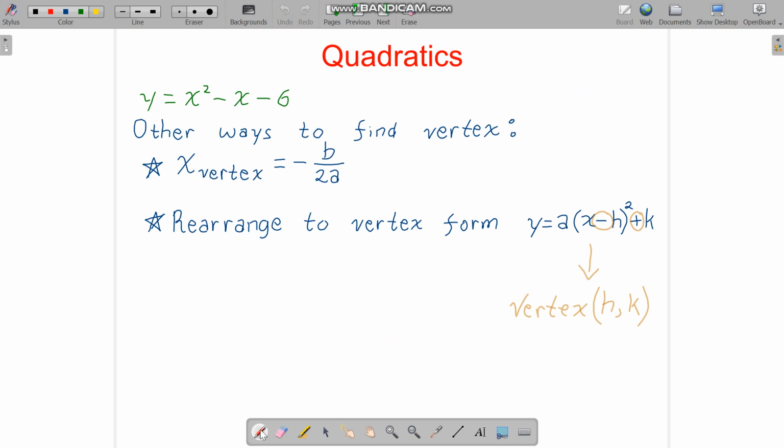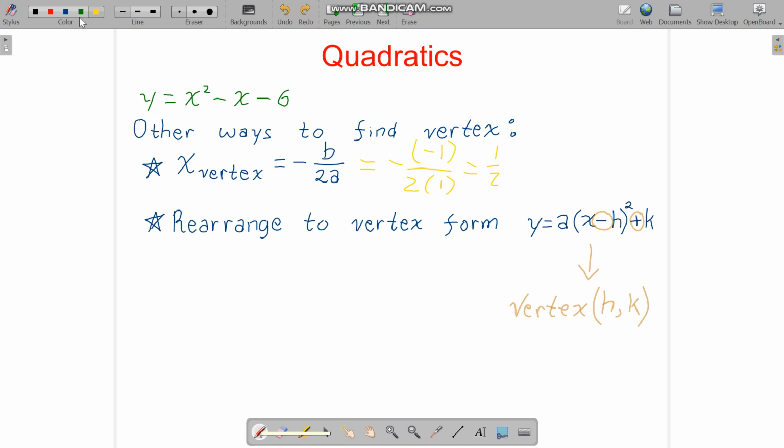Another way to find the vertex, you can just use this shortcut formula. It's a handy formula. Minus b is minus minus 1, the a is 1, you get 1 over 2. You can also rearrange the equation in this form, and the vertex is h, k. Notice that it's got to be a negative here and a positive here.